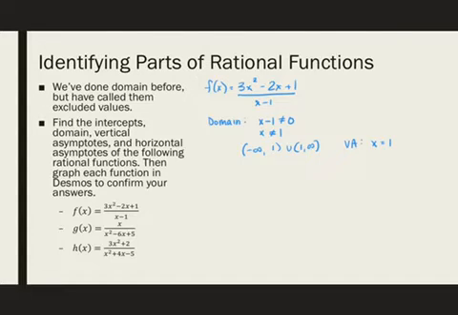So for horizontal asymptotes, or slant asymptotes, you're going to take the leading term from the numerator and divide it by the leading term from the denominator.